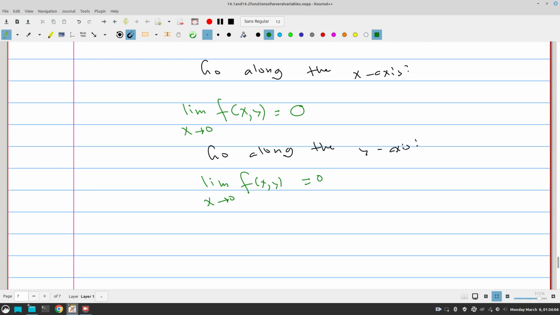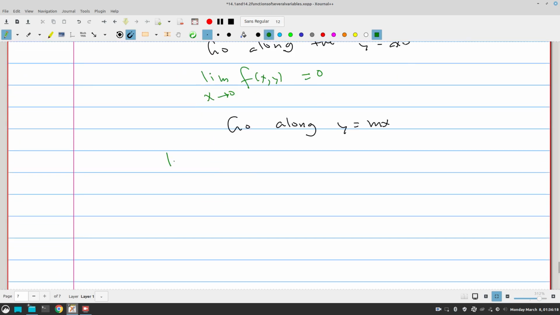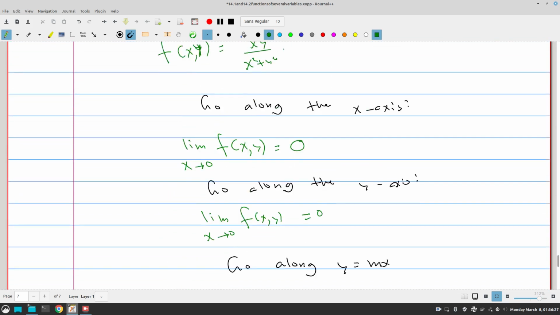Let's go along y equals mx. So x, y goes to 0, 0 along y equals mx. Instead of y, we'll have mx.